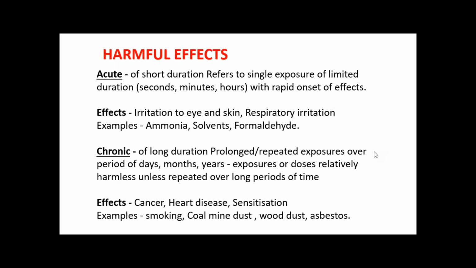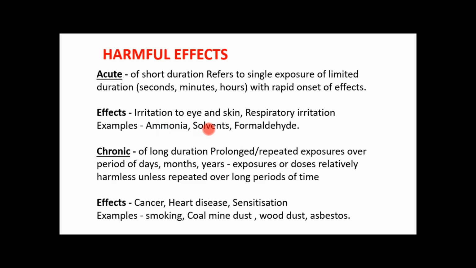That effect may be like irritation to eye and skin, or respiratory irritation. Some examples of chemicals for these acute effects are ammonia, where due to its pungent smell, irritation to eye and skin is possible.